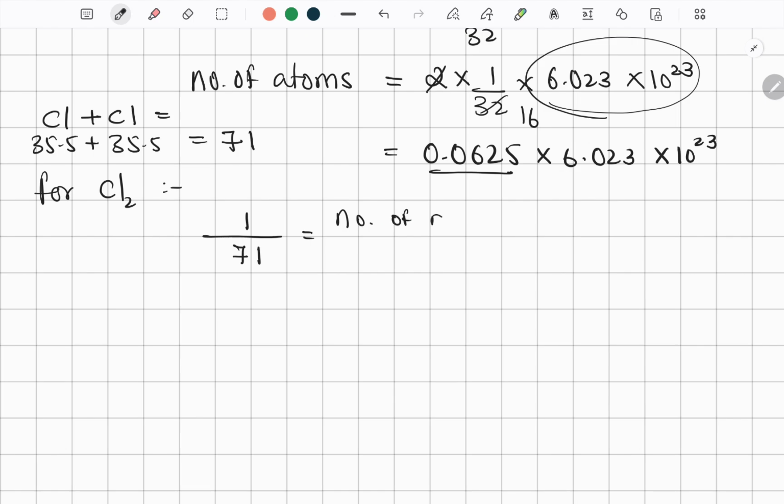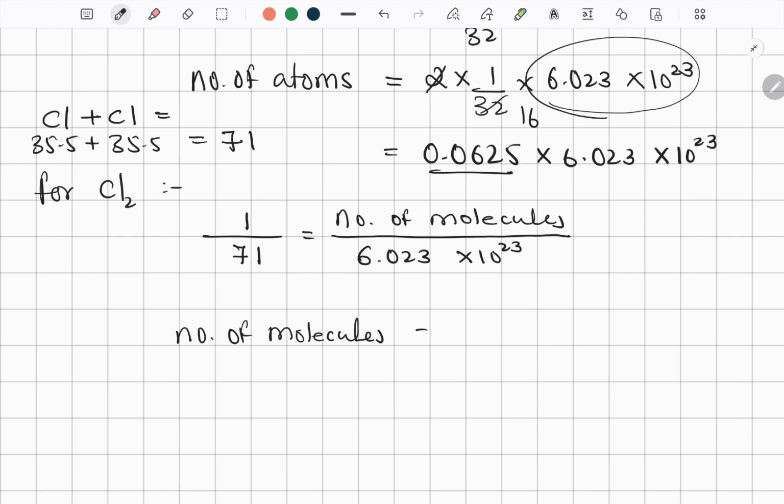Number of molecules of Cl2 divided by Avogadro number 6.023 into 10 raised to 23. So the number of molecules is equal to 1 by 71 into 6.023 into 10 raised to 23, which is nothing but the Avogadro number.